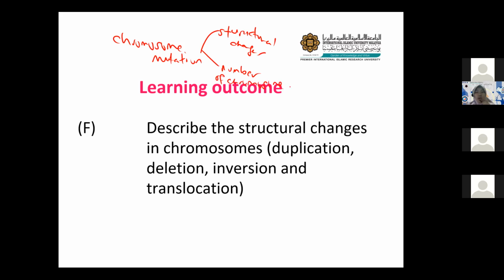So we are going to discuss with this remaining time that we have the structural changes of chromosome due to duplication, deletion, inversion, and translocation.